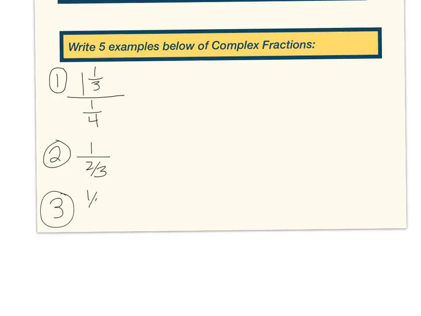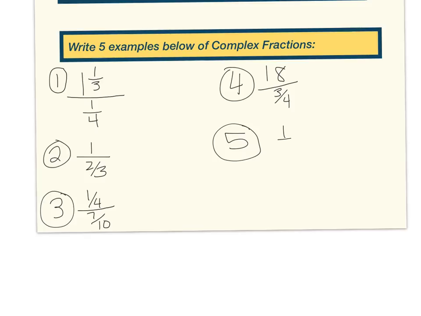Another one could be 1/4 over 7/10, 18 over 3/4, or 1/3 over 1/4. There's an infinite number of examples of complex fractions, but these are just a few for you to see what they look like and get a better understanding.